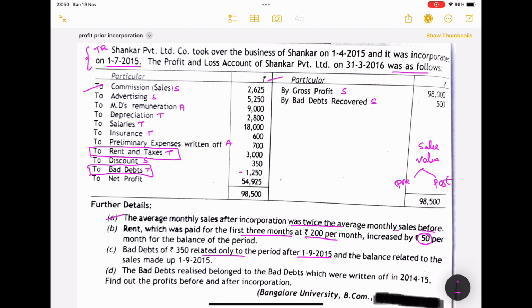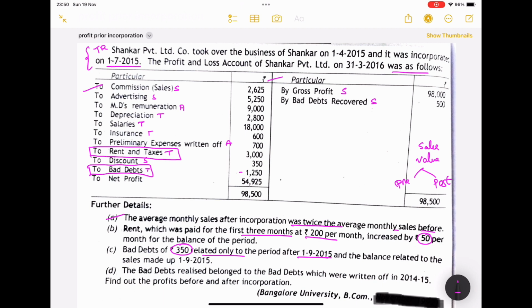Of that 1250, 350 is fully related to the period after September, which means the post-incorporation period, isn't it? The balance is related to the sales made up to 1/9/2015. So they have given certain adjustments here. While calculating the working notes, I'll explain it to you in detail. Got it? So this is the question here.